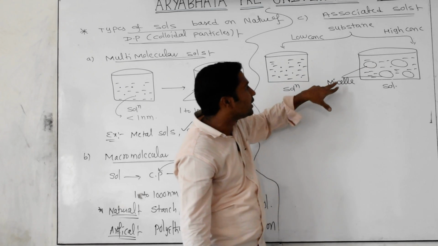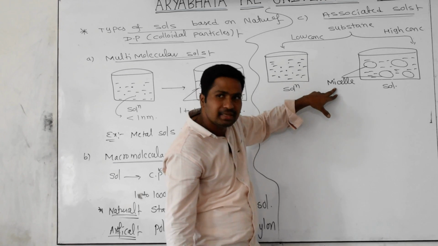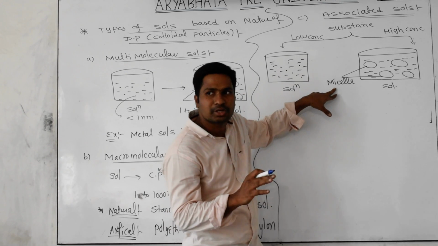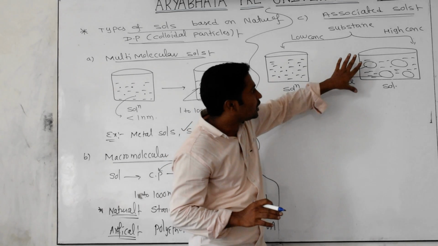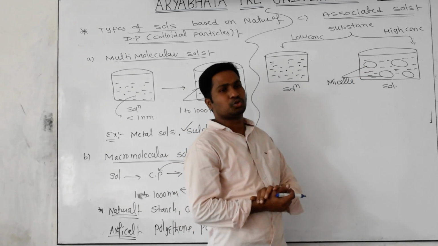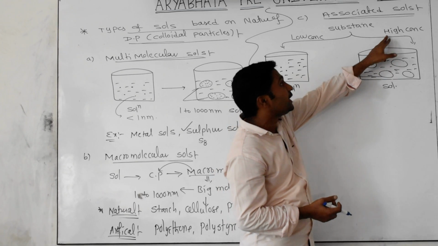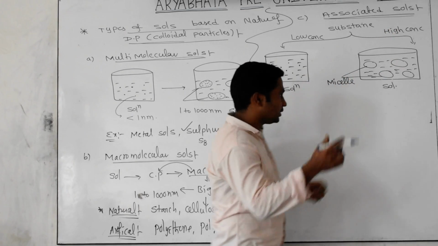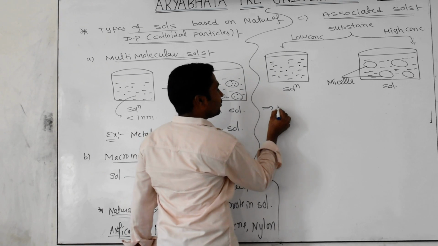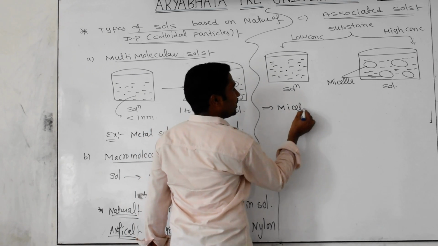The aggregated particles we call micelles. Actually they are colloidal particles, but specially we call them micelles. The whole material is called a sol. But this micelle or sol formation takes place at high concentration. That's why I am telling you about micelle formation. Some important points are coming here.